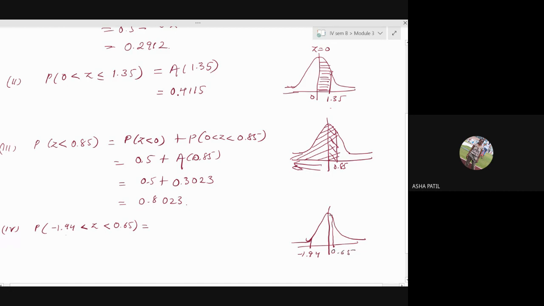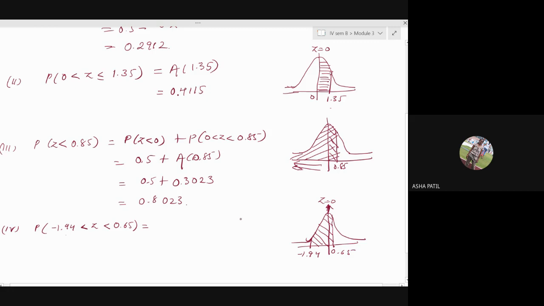So you want this whole area. How to write it? This is your z equals to 0. What all you have to take?